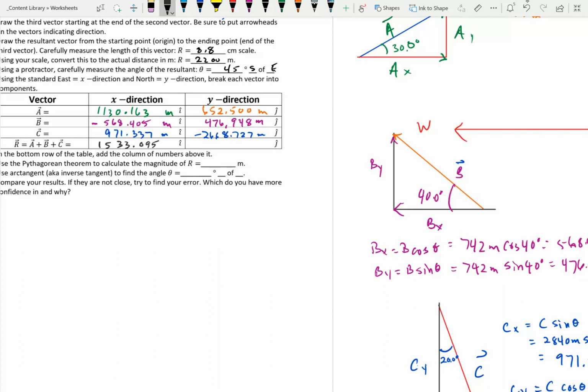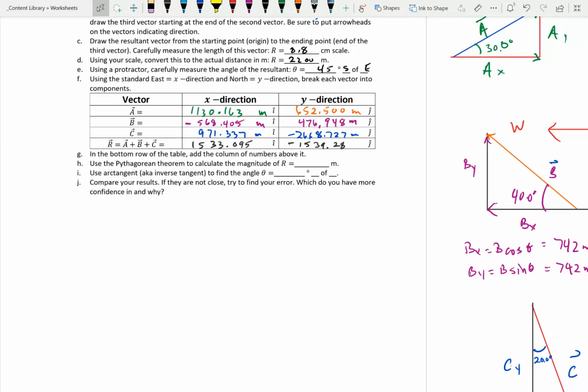And then adding up 652, 477, and negative 2669, I get minus 1539.28. Okay, so I've done part G in the bottom row of the table, add the column of numbers above it.